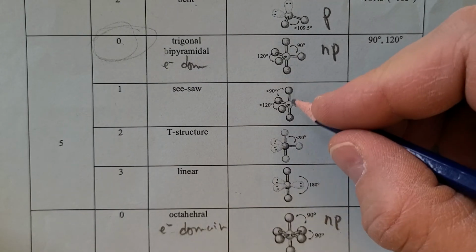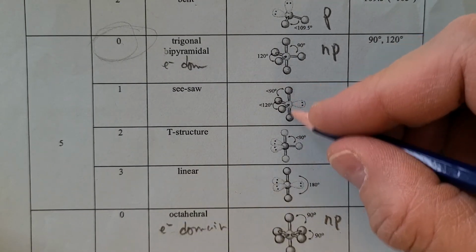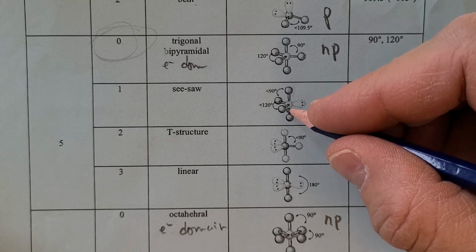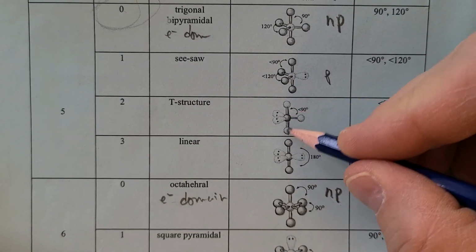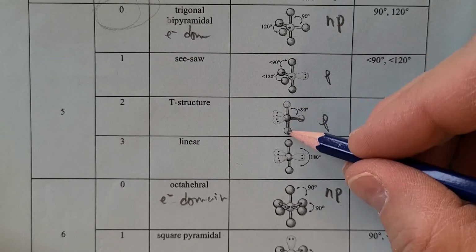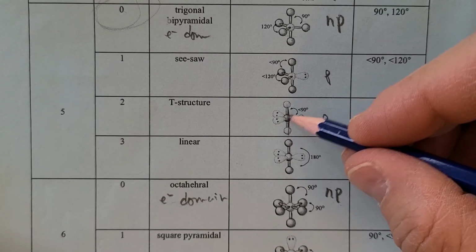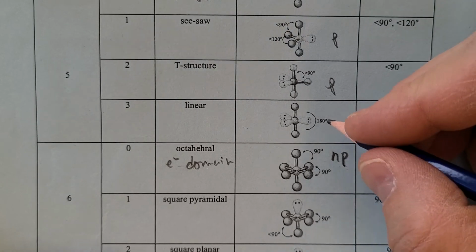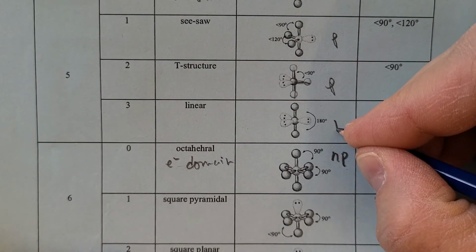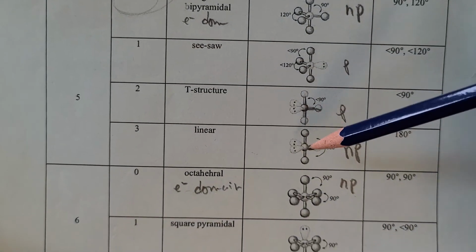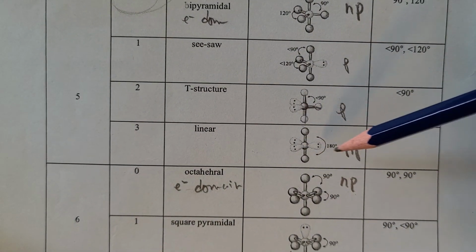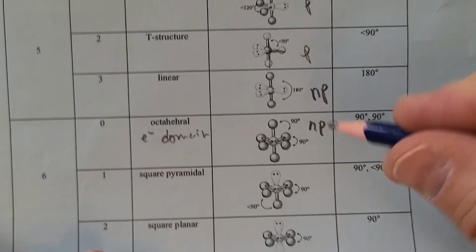The seesaw shape, even though the axial ones may be balanced, these ones here will not be, so it's polar. A T shape will be polar, because even if this up and down pull are neutralized, we have this sideways pull. Linear, that is going to be nonpolar. So when we have a linear shape plus lone pairs of electrons, believe it or not, that's going to be nonpolar.